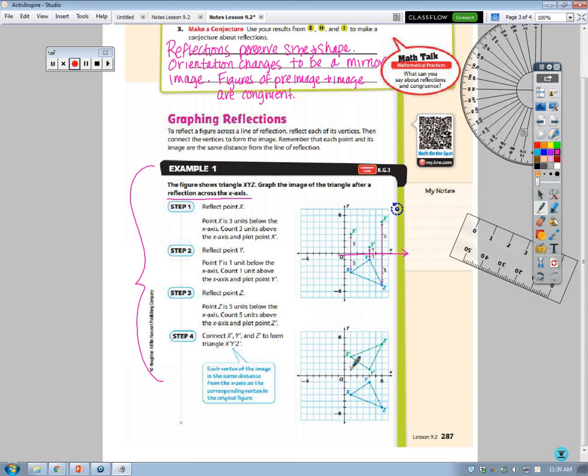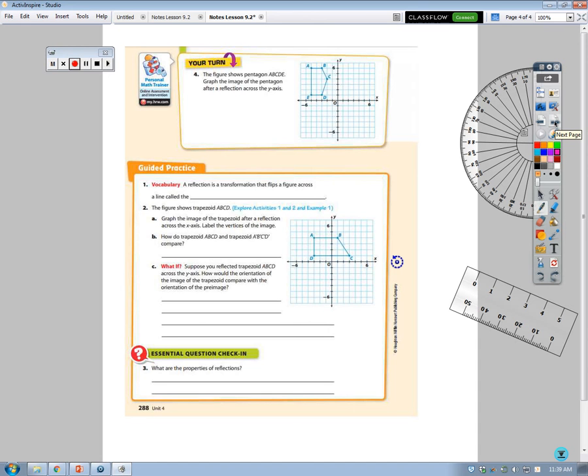So the last thing you've got here is to do the your turn on your own. We'll check it in class together. I want to say tomorrow, but tomorrow is the weekend, so we'll check it in class together next time we meet. You are going to do a reflection on your own, and then we'll go through the guided practice together in class. You don't need to do that.